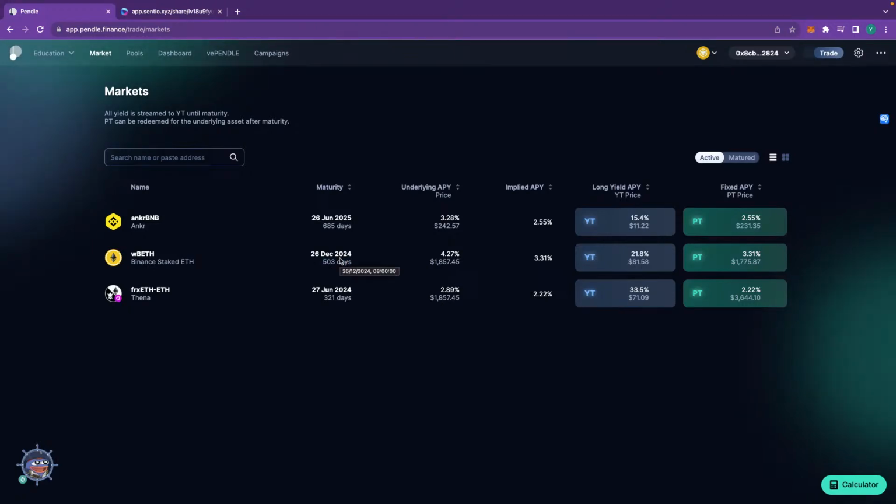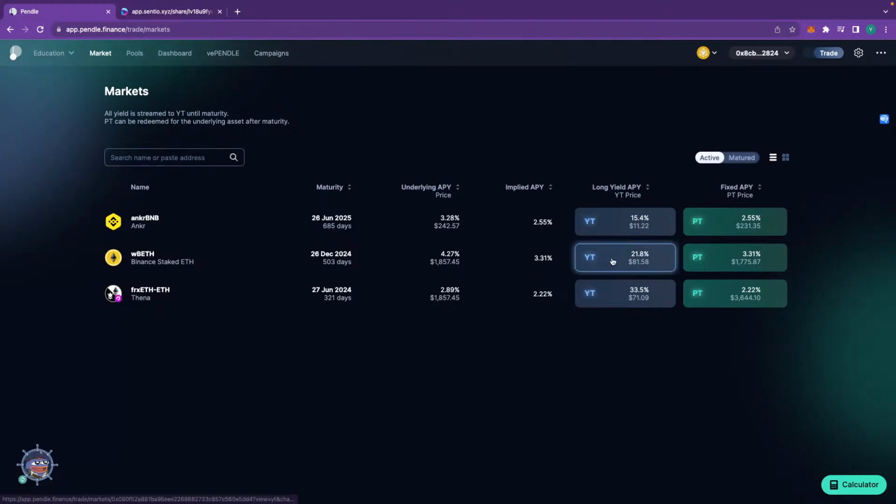And for this particular example, I would think that it's quite undervalued. Why? Because you can see that the current underlying APY is 4.27%. Basically the butt is shooting out 4.27% currently, but the cost for buying the butt is only roughly 3.1%, right? Seems like a pretty good deal.